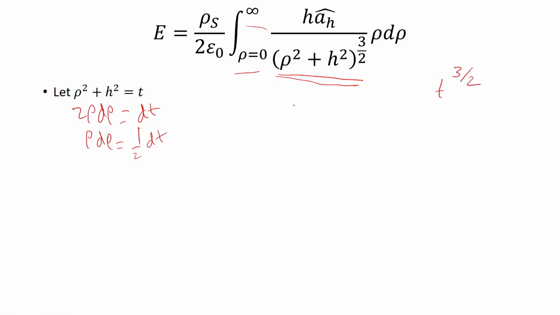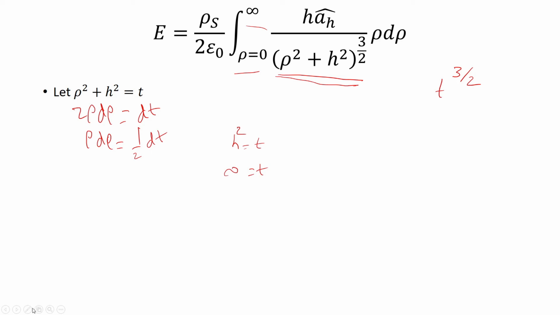When rho equals 0, t equals h square. And when rho equals infinity, t equals infinity. So these are the limits.